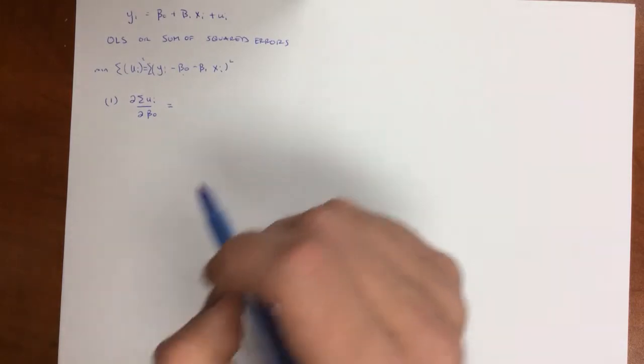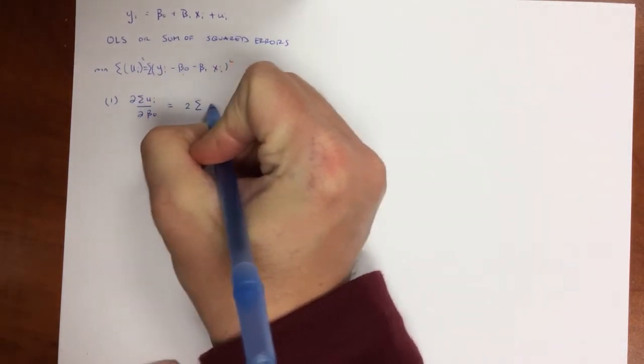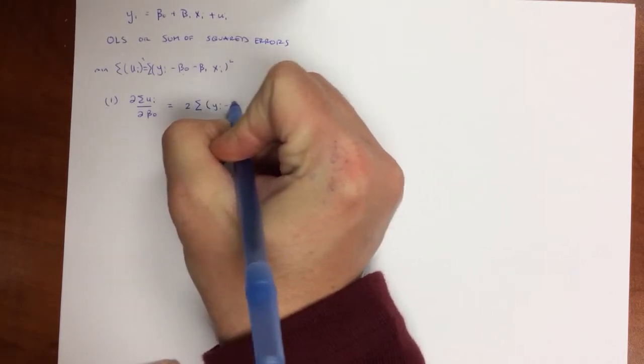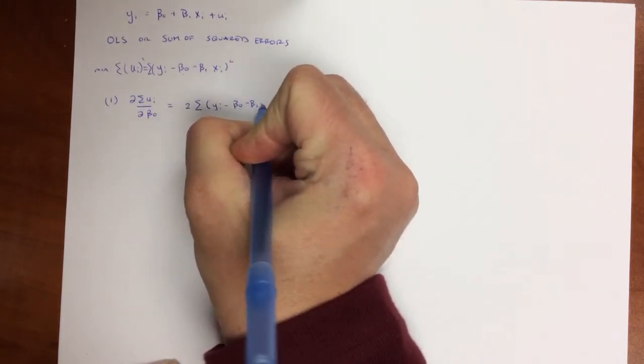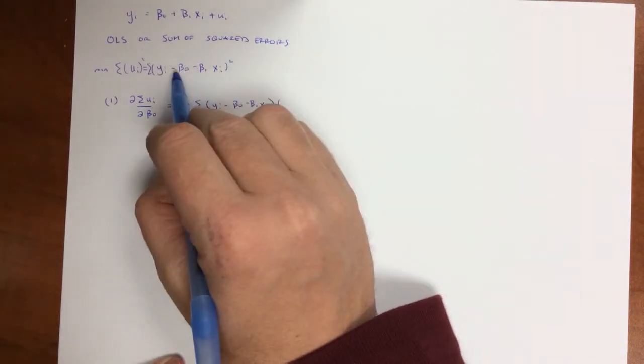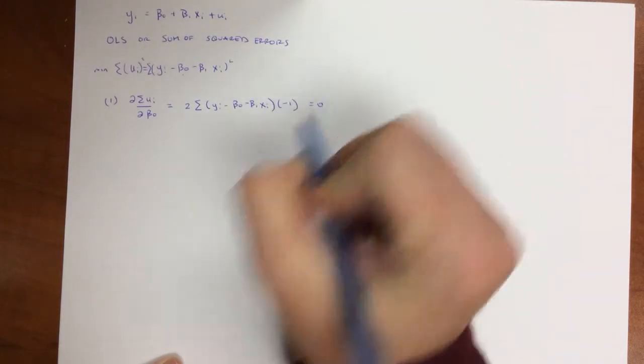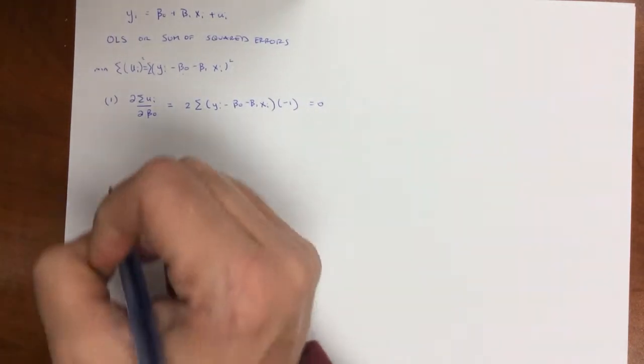We take the exponent 2 out in front, times the summation of y_i minus beta naught minus beta 1 x_i, times the derivative of the inside with respect to beta naught, which is just negative 1. We set that equal to 0. That's our first order condition.